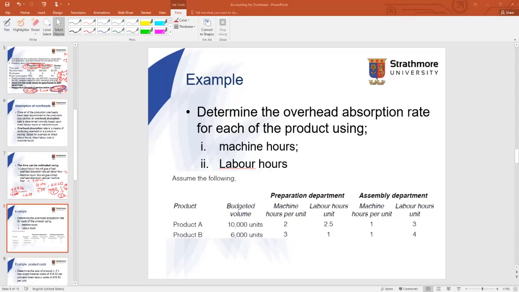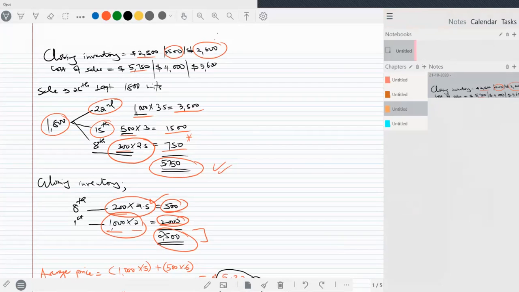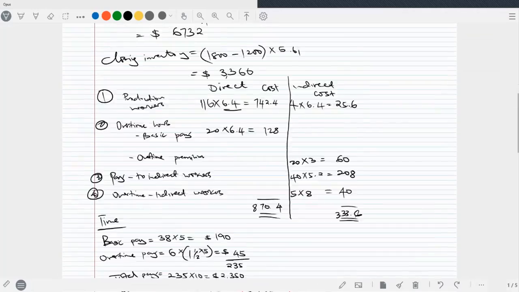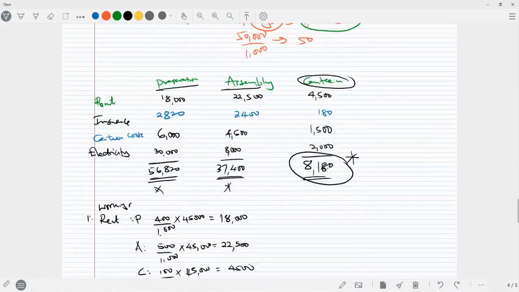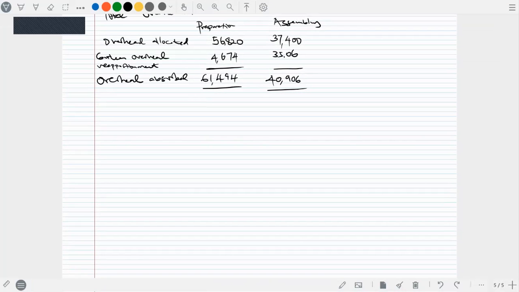Let me get my working area. The overhead total was 61,494 for preparation and 49,60 for the assembly.